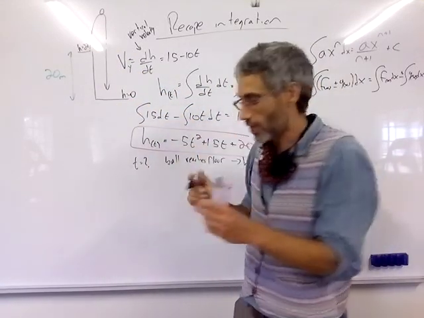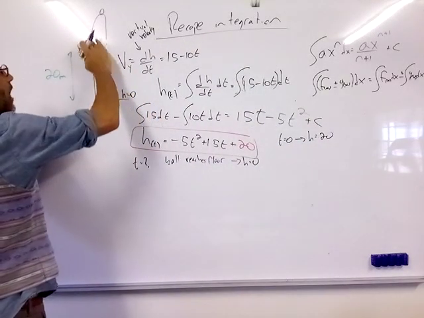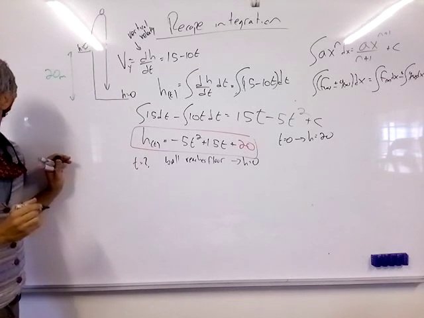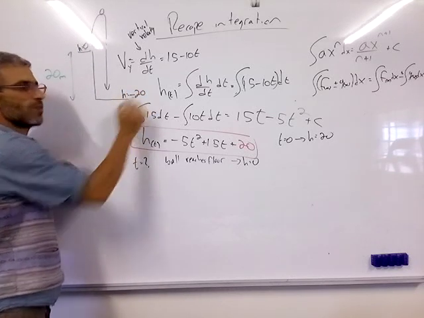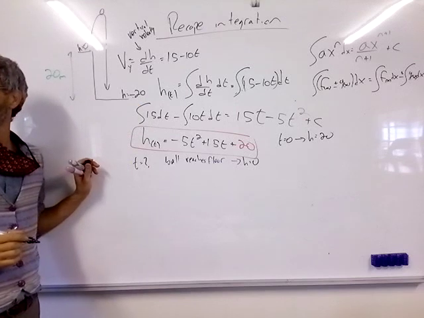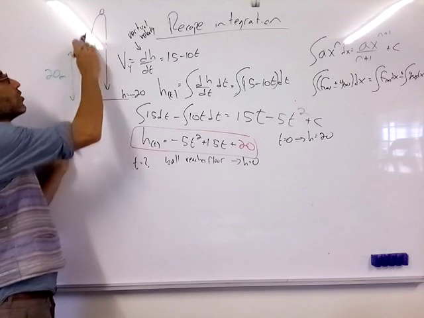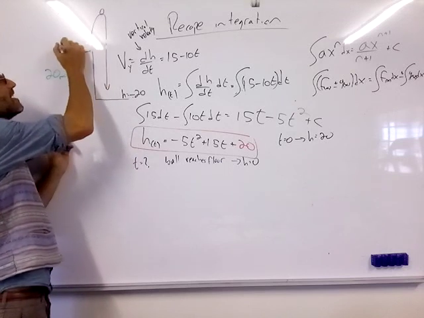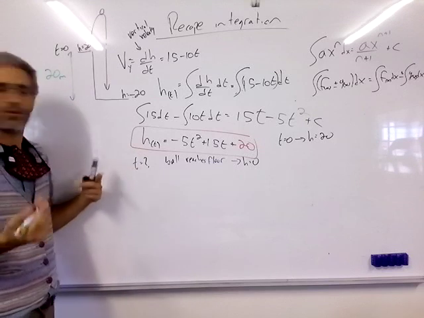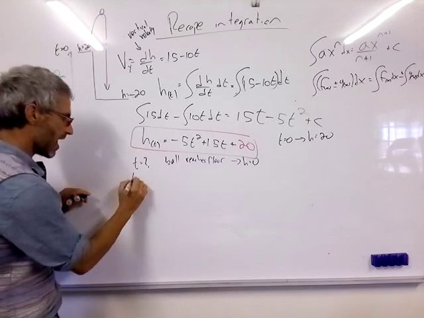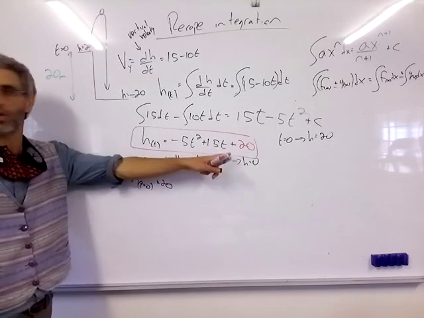Now, we could have done something else. Hopefully I'm not going to confuse you. I could have said that here is 0, and then this would be minus 20. That's how I saw it. But you told me that at t equal 0, the h we said was 20. I unfortunately erased it, but h of t equals 0 we said is equal to 20, and that's why we got c as 20.